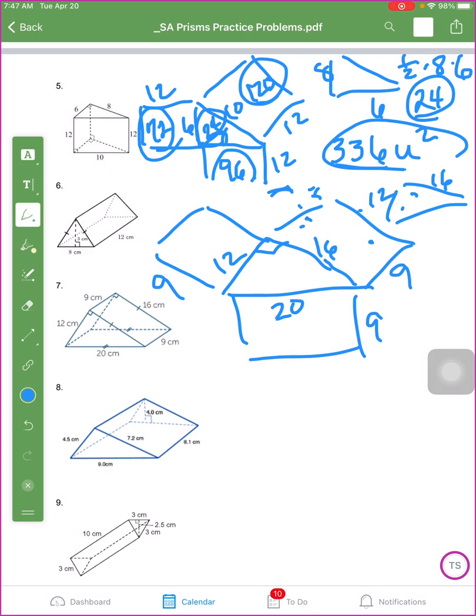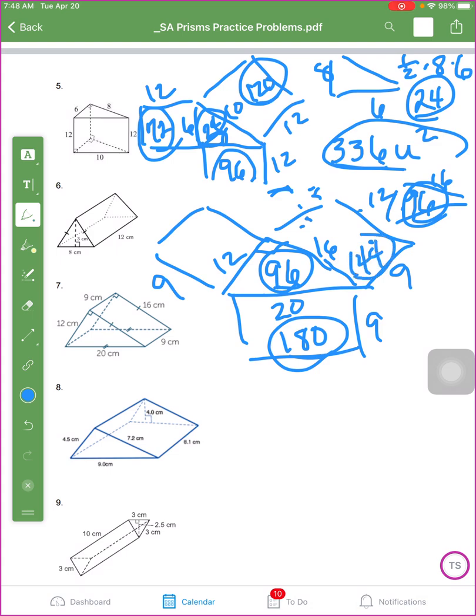Yep, 96. Okay, so we have a 96 here. Then we have 20 times 9, which is going to be 180. Then we have 16 times 9, which is going to be 144. And then we have 9 times 12, which is going to be 108.